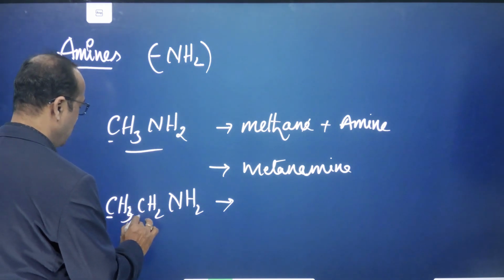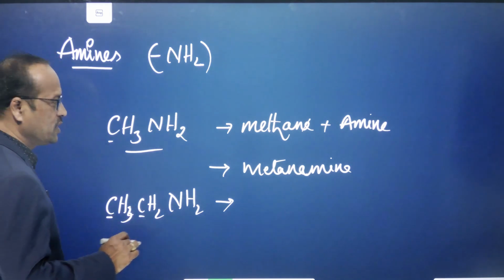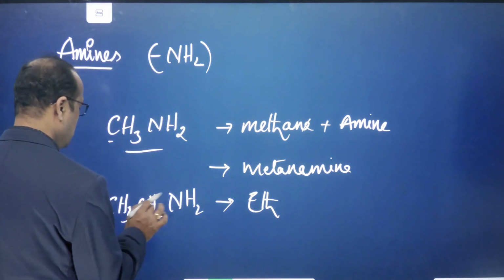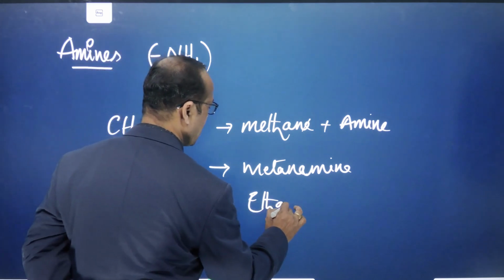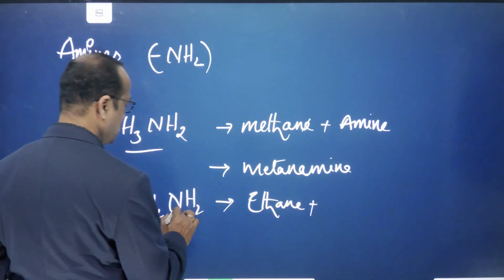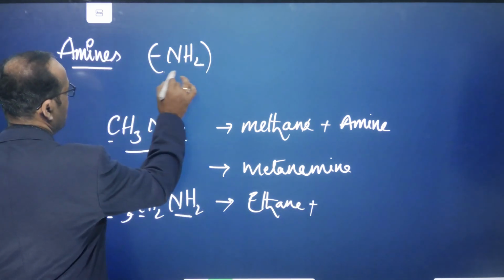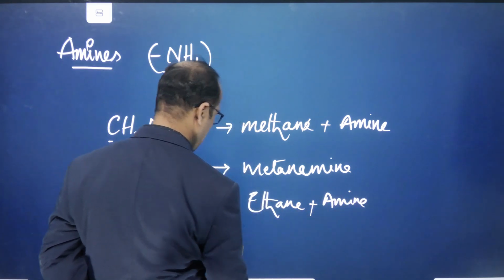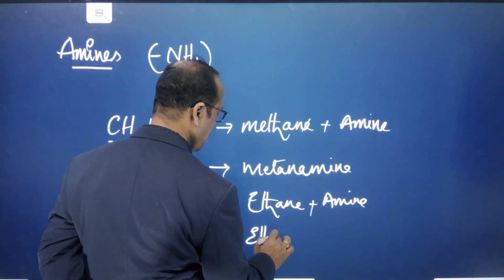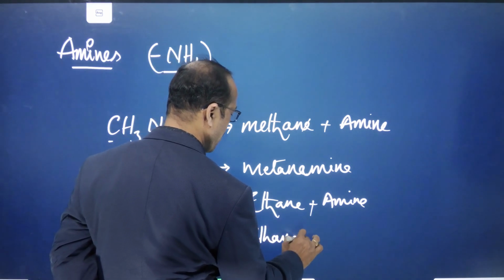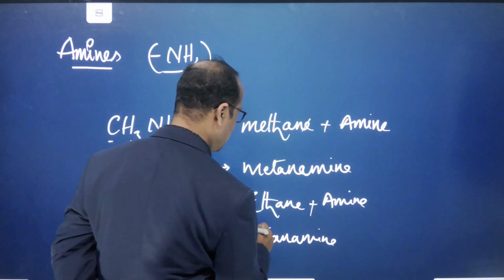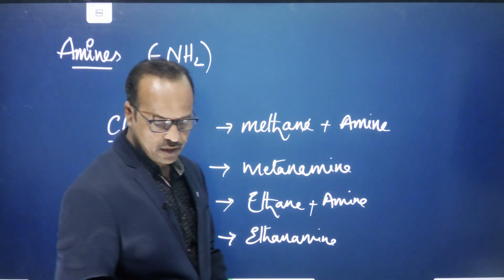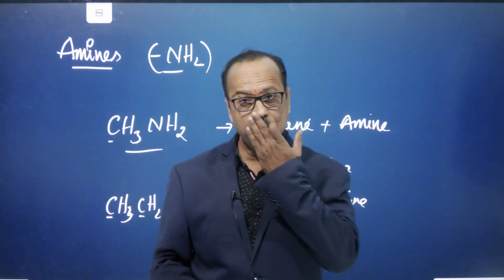Here only 1 and 2. 2 carbons is Eth, and between these 2 there is a single bond, so that is ane, ethane. NH2 is amine. When we combine this, the name is ethanamine. Clear? Now, can you try propanamine?